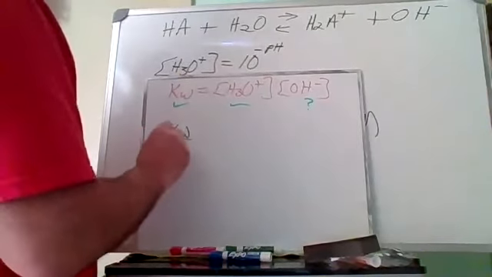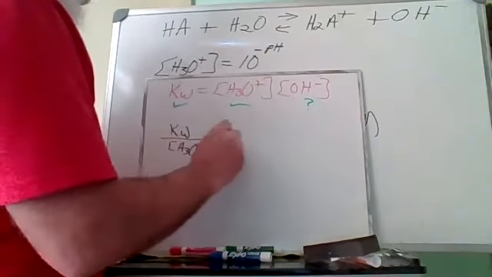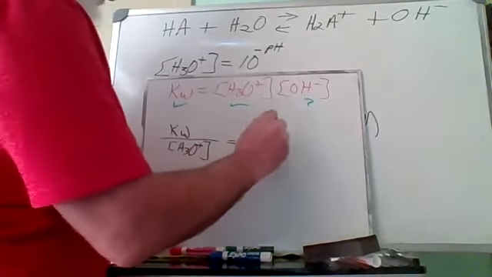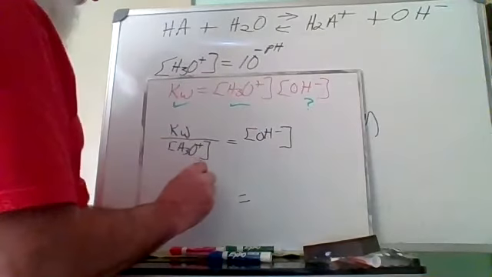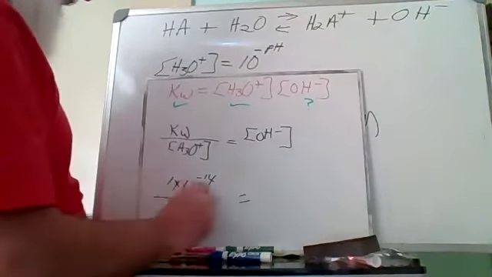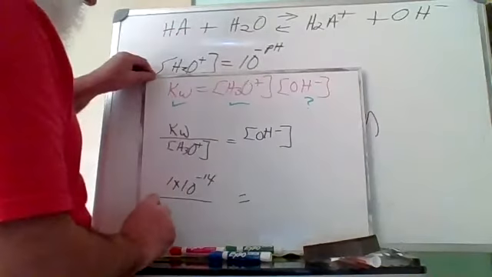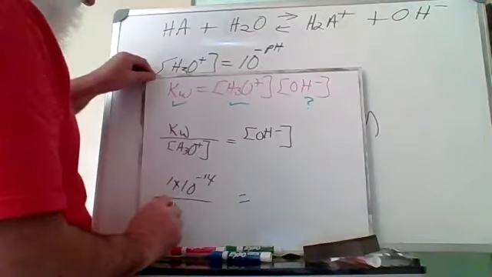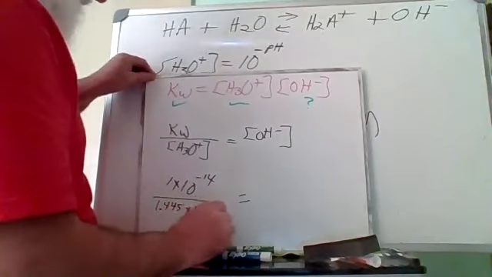So Kw divided by H3O plus equals hydroxide ion concentration, which is equal to 10 to the negative 14 divided by, what was that? 1.445 times 10 to the negative 10.